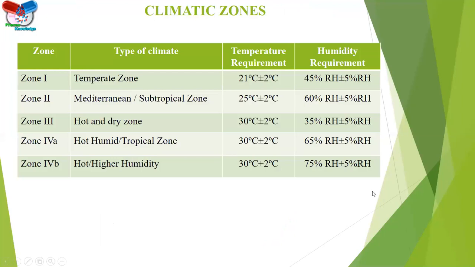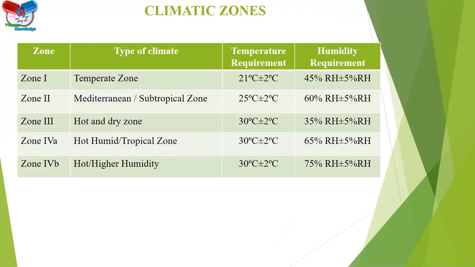The world is divided into 4 zones: zone 1, 2, 3, 4A and 4B. Zone 1, temperate zone, where the requirement is 21 degrees centigrade and 45% RH. Zone 2, subtropical zone, where the requirement is 25 degrees centigrade and 60% RH.